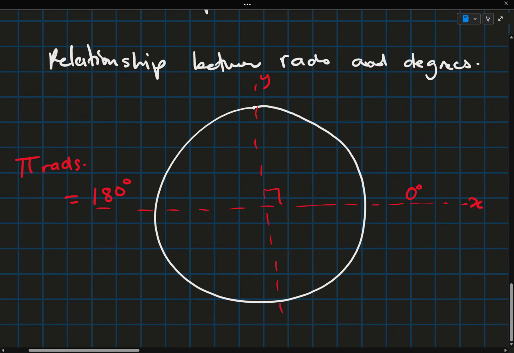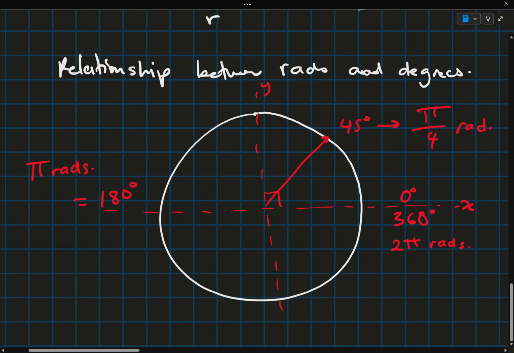Therefore, one full revolution, which is 360 degrees, would be equal to 2 pi radians. Therefore, if we were supposed to draw the angle 45 degrees, that would be equal to how many radians? That would be equal to pi over 4 radians.